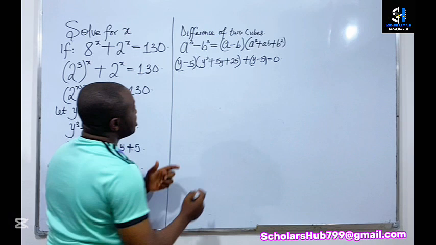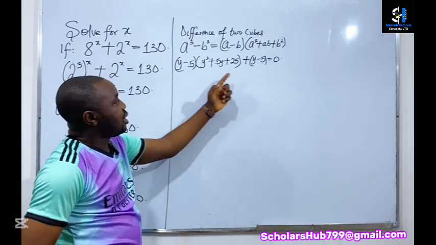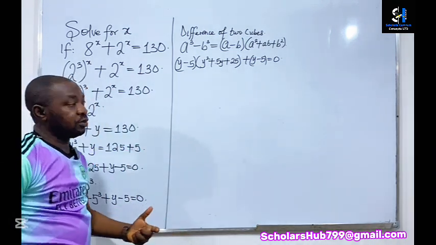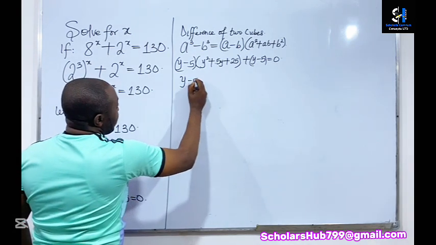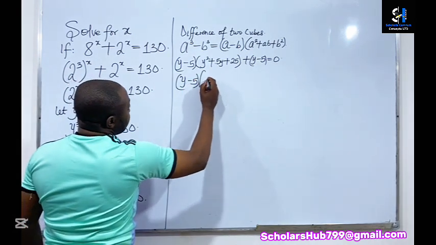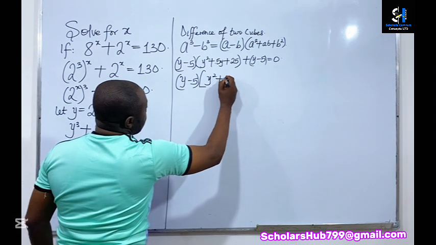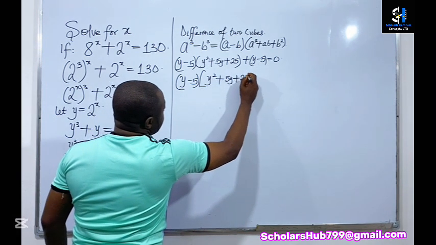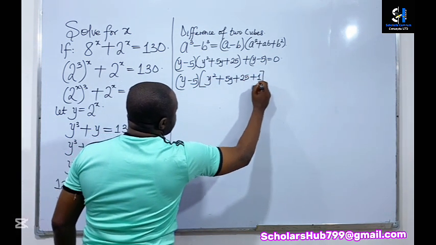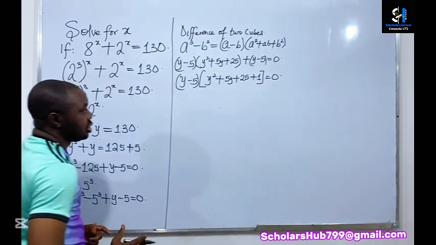Now, we can see here that y minus 5 is a common factor. So I'm going to factor out y minus 5, so that this will be y minus 5 multiplied by y squared plus 5y plus 25, then plus 1, which equals 0.